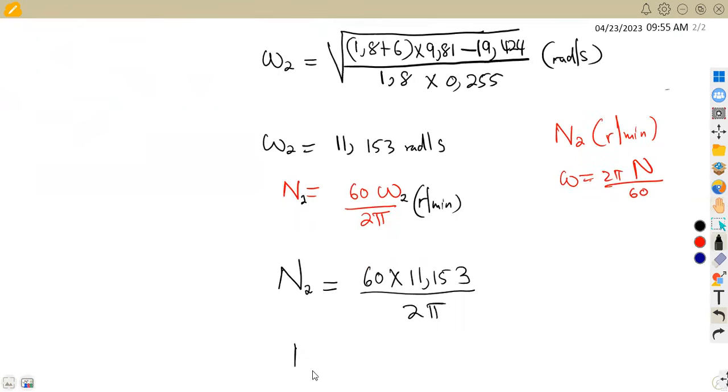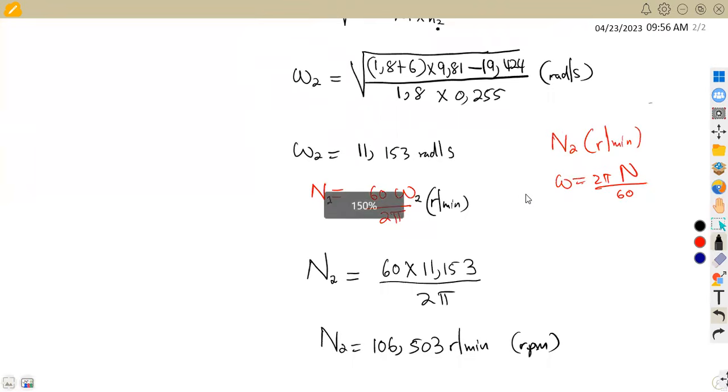So therefore, our n in revs per minute, which is the maximum speed that we are given from the information, is going to be 106,50330, which is 503 to 3 decimal places. So that's revs per minute, or you can write it as RPM, revs per minute. So that's how we can attempt these typical questions.